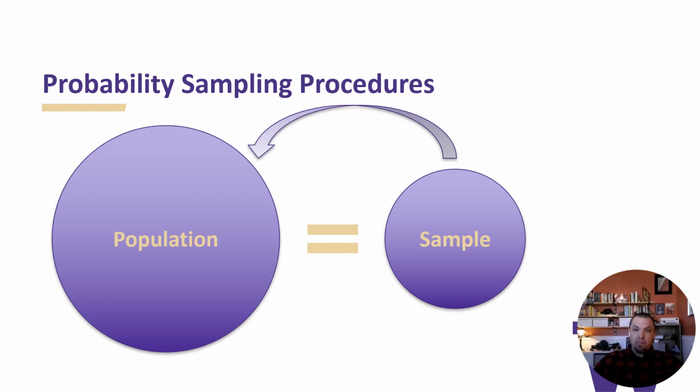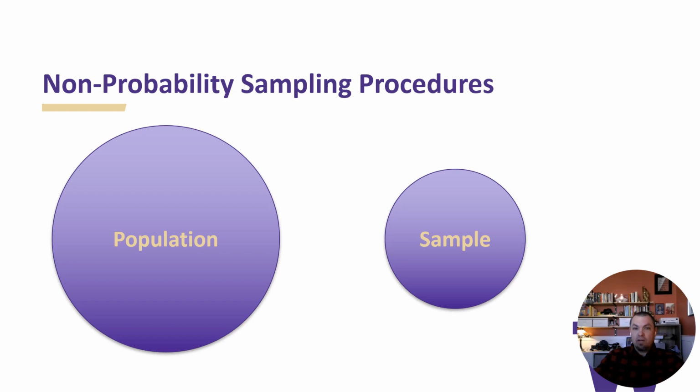That's important to note, that each case has an equal chance of being included. That's the key characteristic of probability sampling: based on randomness and probability, the cases in the sample are equal to the cases in the population in whatever characteristic, and so they're representative of the population.